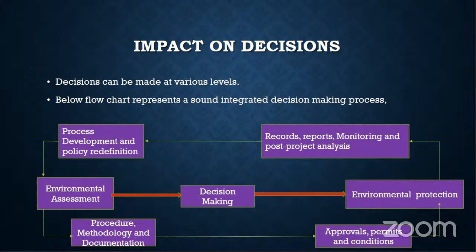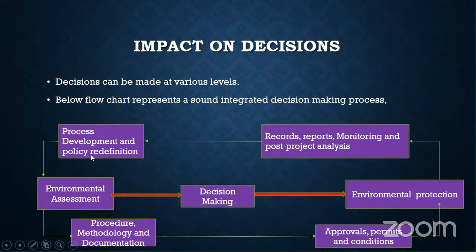You can have decisions at various stages of project development: in the initial stage, after a lot of data accumulation, or in the final stage of the project. So decision making can be done at various levels. You can see this in the chart below.